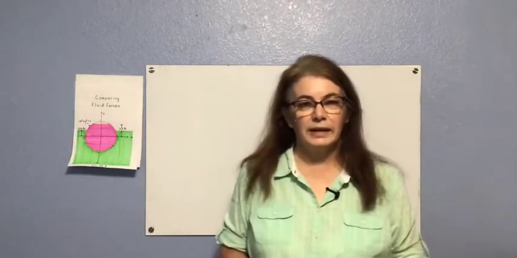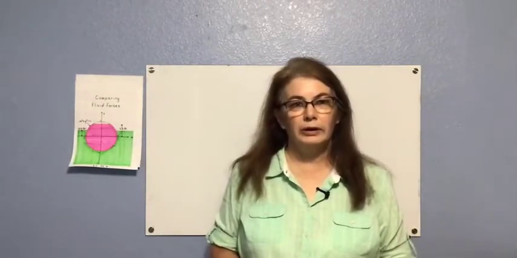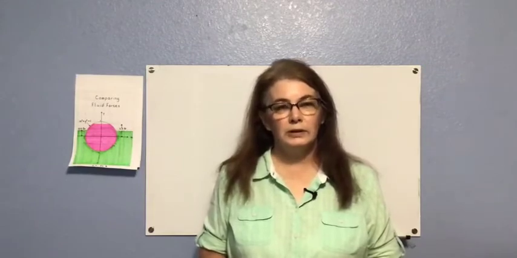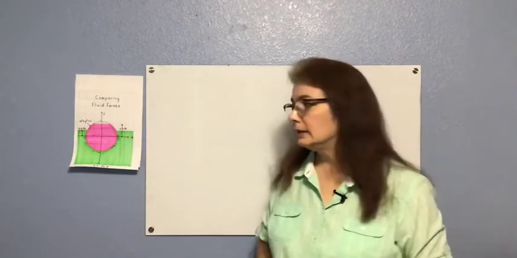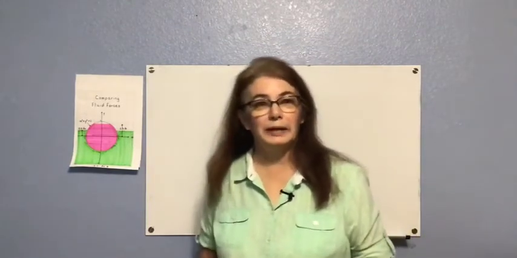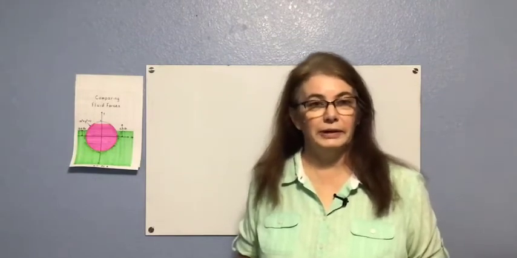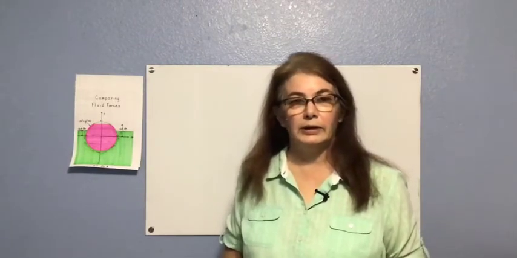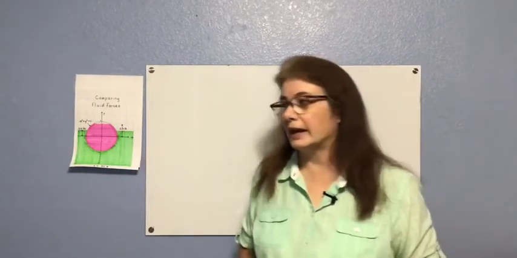For our last example in this section, we're going to revisit a problem that we worked earlier about the fluid force on the end of a cylindrical tank. And we're going to expand that a little bit by having this cylindrical tank floating in a different fluid and looking at the forces on the inside and the outside of the end of this tank.